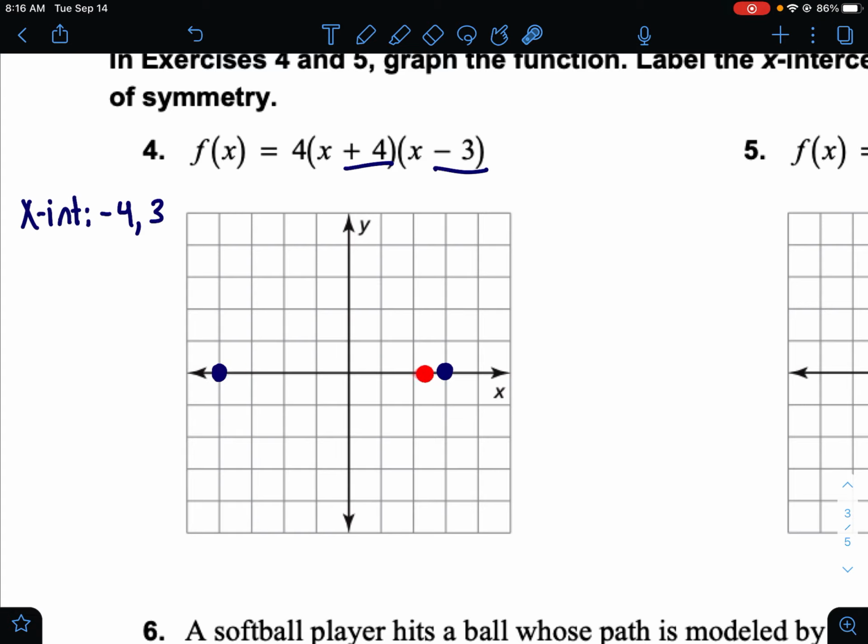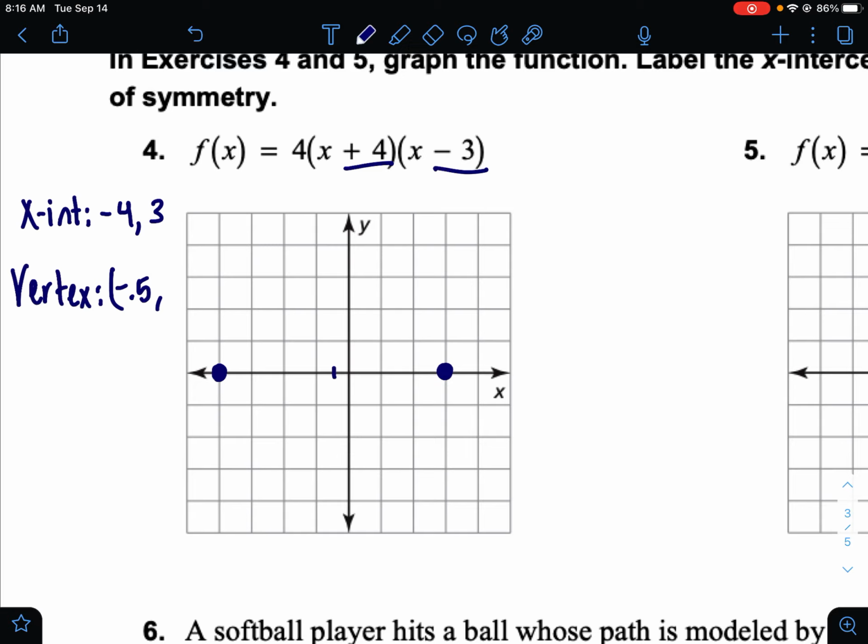So knowing that there are 7 spaces between these two dots, if I cut that in half, that's 3.5. I know that the vertex will be 3.5 from either side. Now, I don't know the y value, but I do know that the x value is right there, and that x value of the vertex is going to be what looks like negative 0.5.